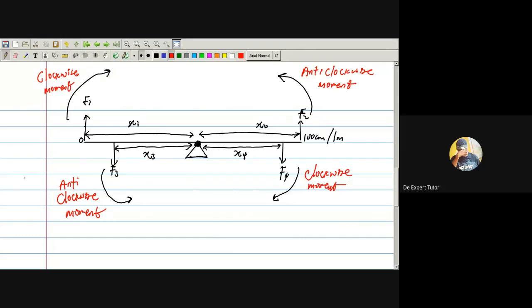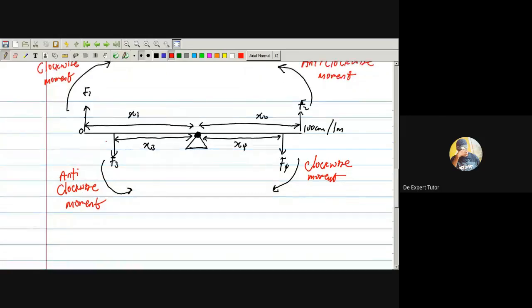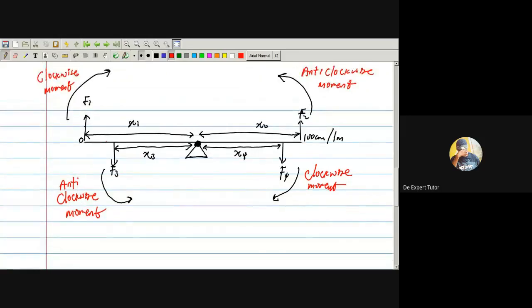Now, there's a principle we call the principle of moments. In advanced level, we call it Varignon's theorem. Now, what's that principle telling us? Look at this system.